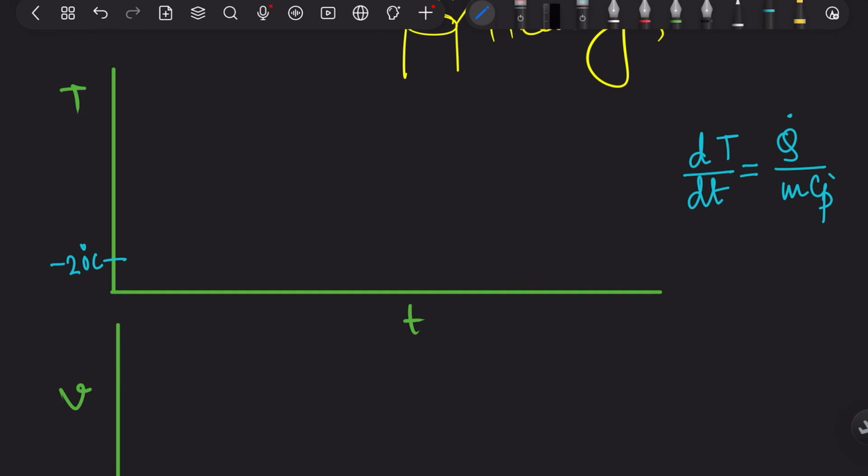Now you see, if my Cp is increasing with temperature, that means my slope will decrease, right? So it should actually be a downward slope, but we can neglect this rise in Cp because it is not that much.